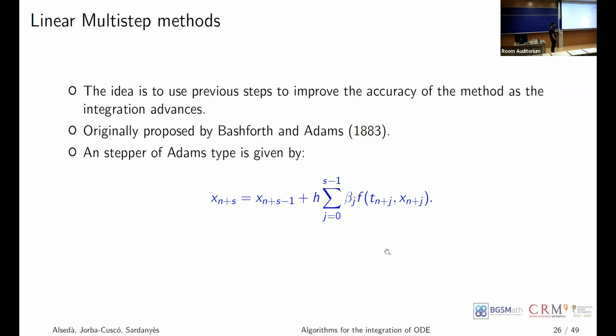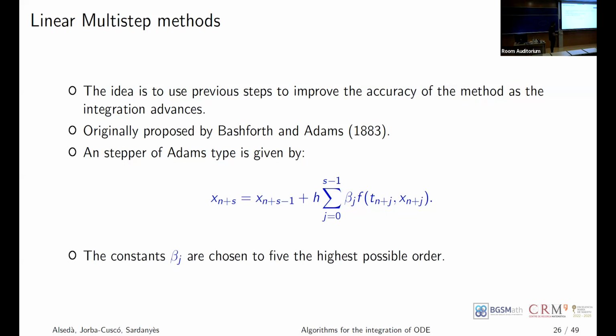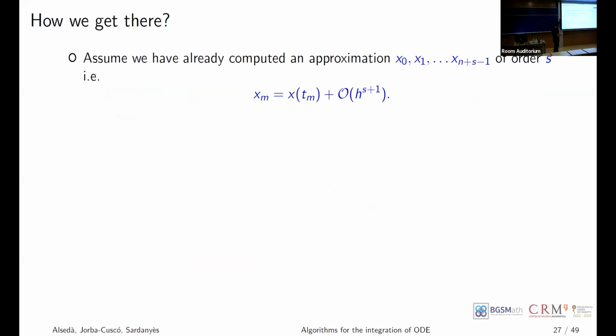The only new thing here is that this depends on values that are already computed. This depends on previous values. Okay, so that's the idea. And the only thing is that we have some weights here, and we have to choose them in order to get the best method possible.